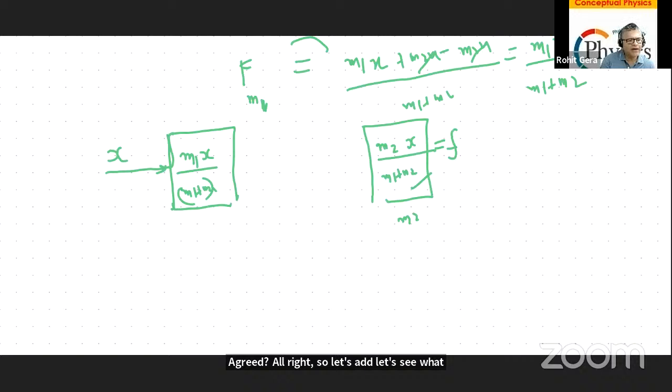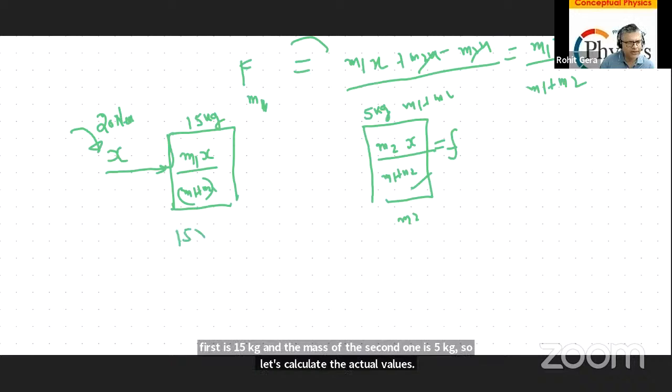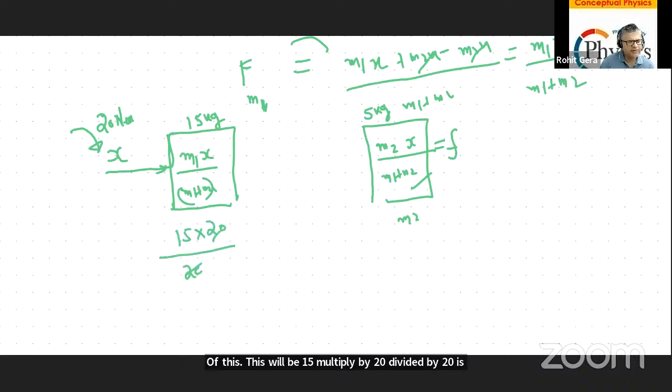If you apply a force of say 20 newtons, the mass of the first is 15 kgs and the mass of the second one is 5 kgs, right? So let's calculate the actual values. This will be 15 multiplied by 20 divided by 20, which is equal to 15 Newton.